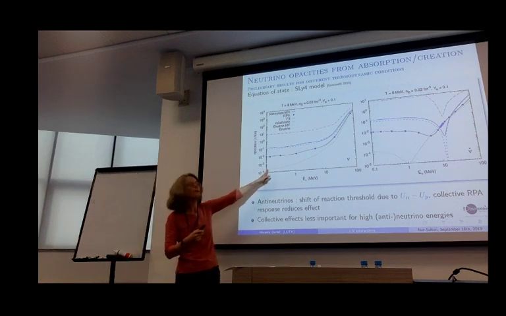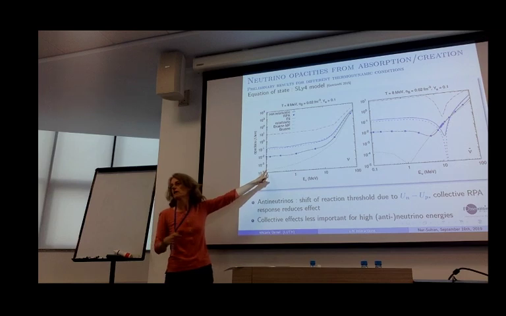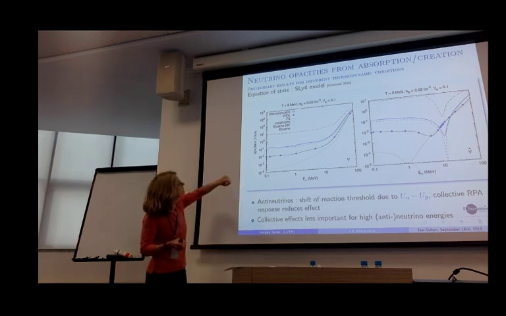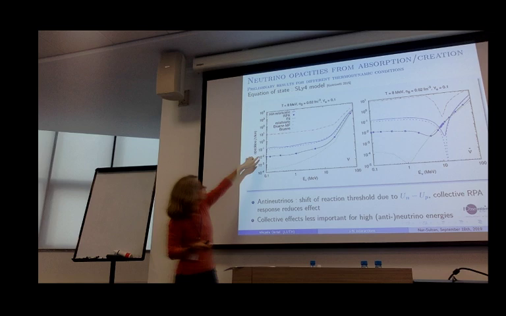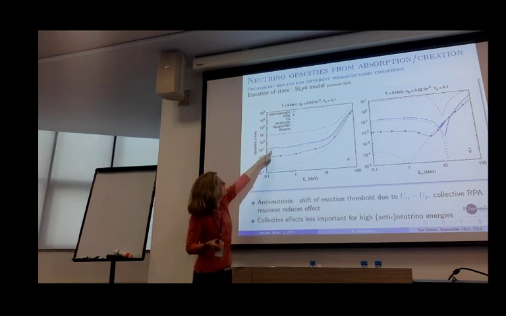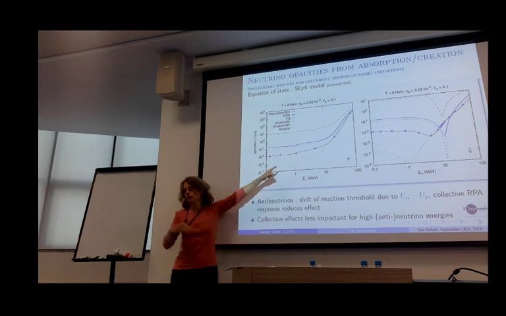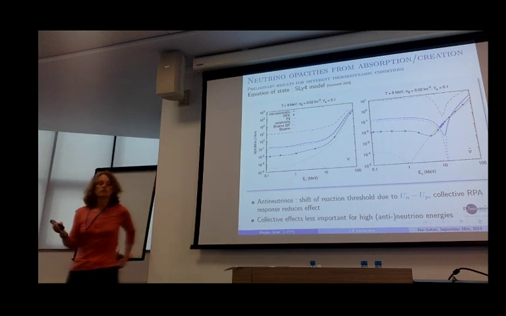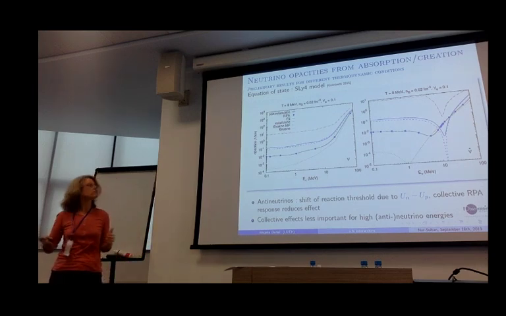This dotted line is the basic elastic approximation with free nucleon masses and no interaction potential. This dashed line corresponds to the same elastic approximation, but you replace the free masses with the in-medium effective masses, and you take the interaction potentials into account.